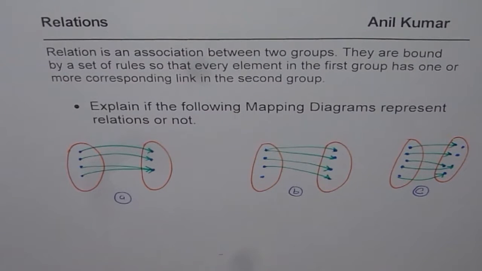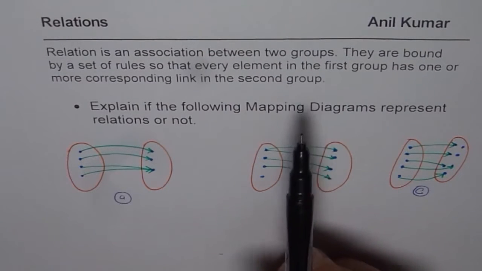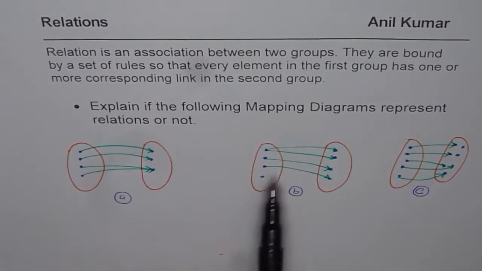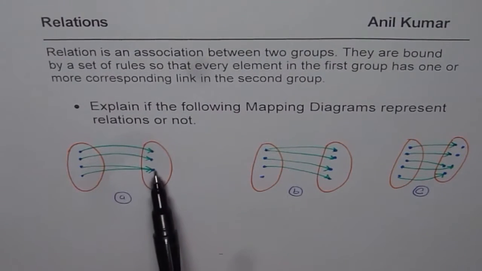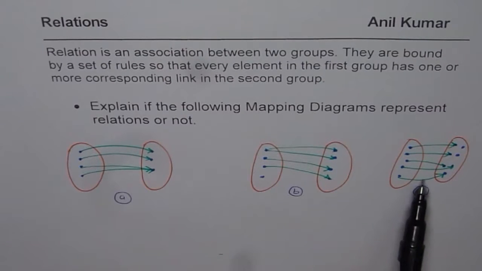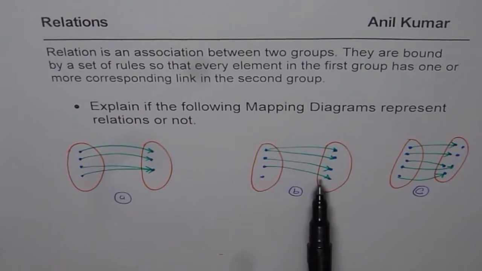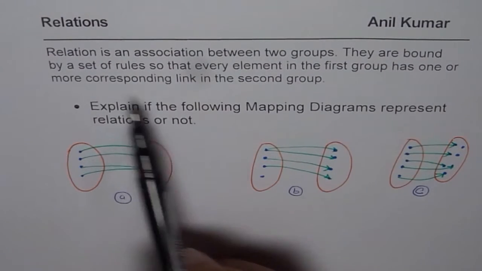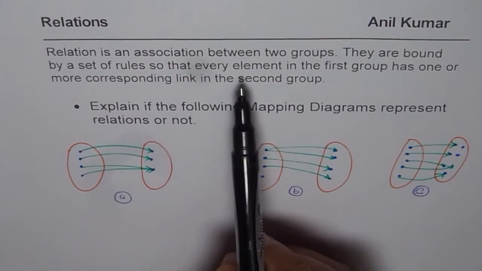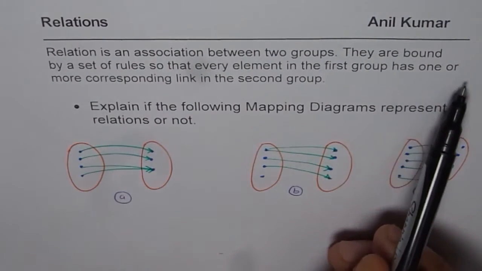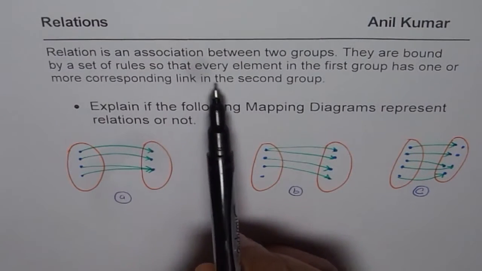To explain the answer for this question, you need to understand the definition. It says the relation is an association between two groups. In all three cases, we have two groups and we have shown an association, so it seems likely to be a relation. The second condition is they are bound by a set of rules so that every element in the first group has one or more corresponding links in the second group.